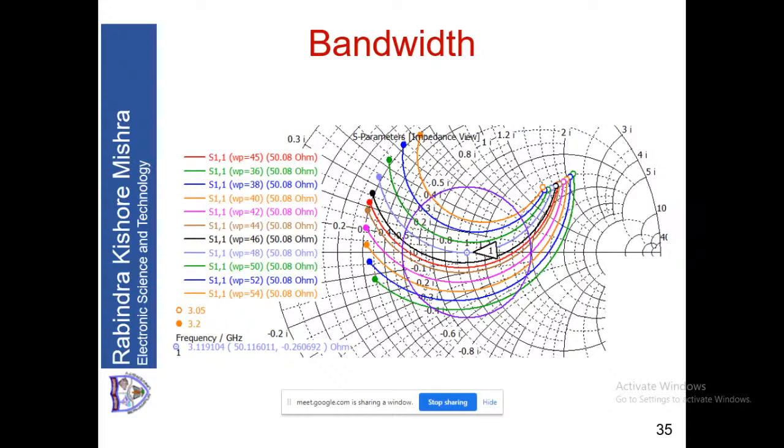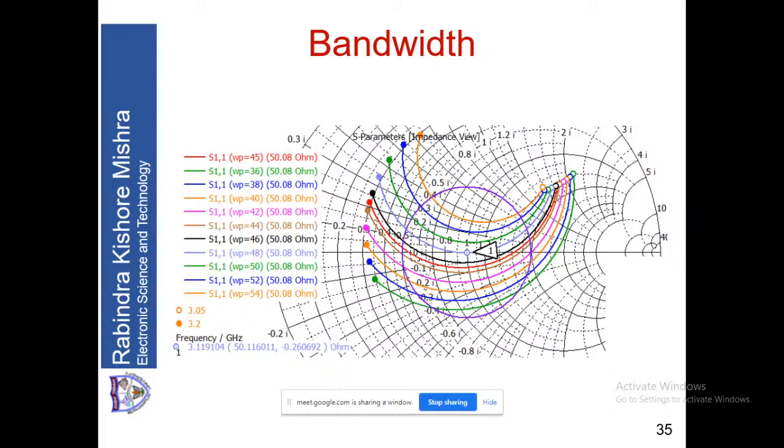That portion will give us the maximum bandwidth. If I see, the green one is mostly capacitive. It is below, and the upper one, the orange one, is mostly inductive. So as we go from green to orange, we are going from capacitive to inductive.